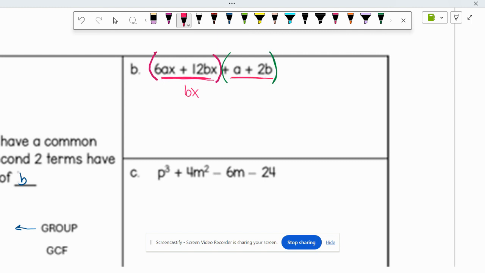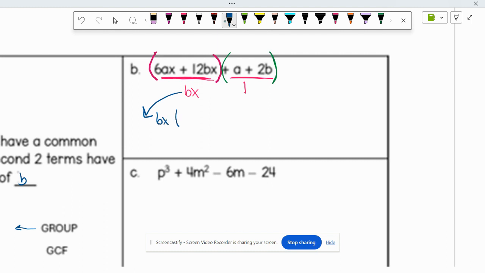Do you see something that I can divide A and 2B by? Seamus? 1. Good job. I can only take a 1 out, and sometimes that happens, right? So remember, we're going to put this out front. This is our GCF, 6x.